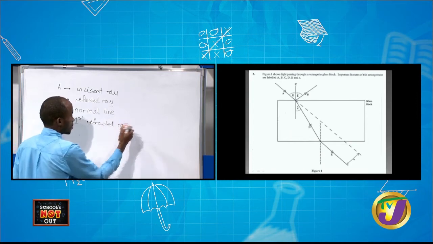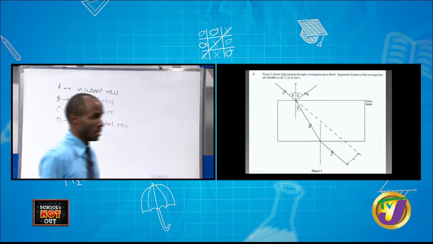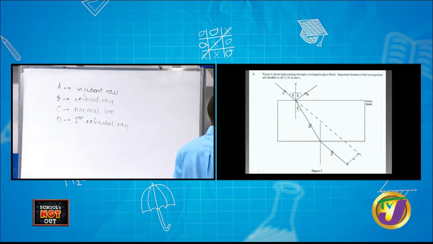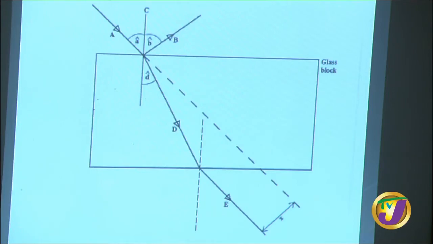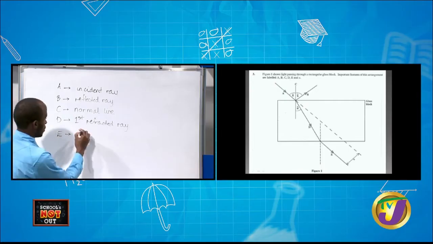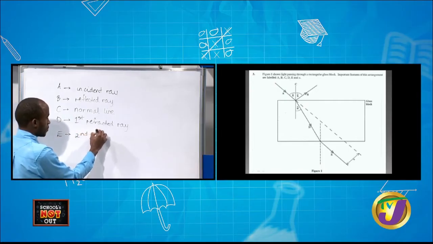Because a refraction takes place again, because here we have refraction, and remember, air to glass, less dense to more dense, it bends toward the normal. Glass to air, more dense to less dense, it bends away from the normal. So we have E being the second refracted ray.